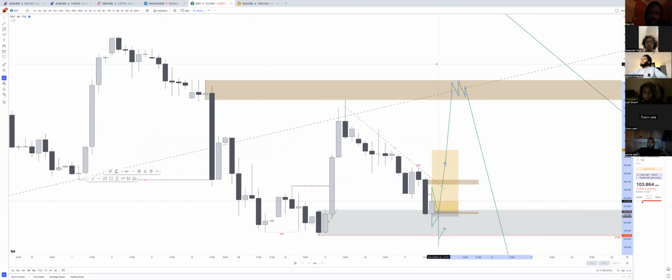I know about change of character and break of structure and all those basics. But the one thing I'm confused about to this day is that I know what a Wyckoff looks like on the website, like the drawing of it, but I don't know what it looks like on the real chart. So can you please show me on a chart what a Wyckoff looks like?